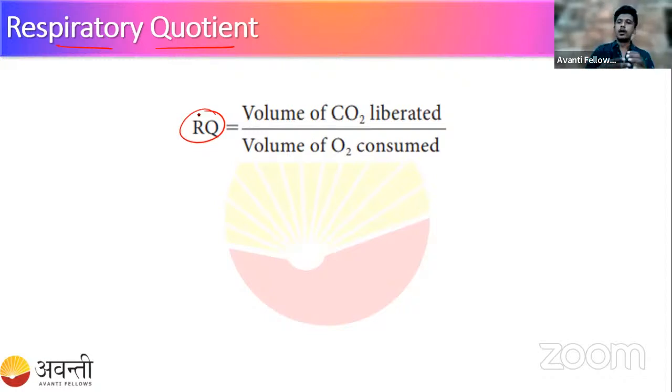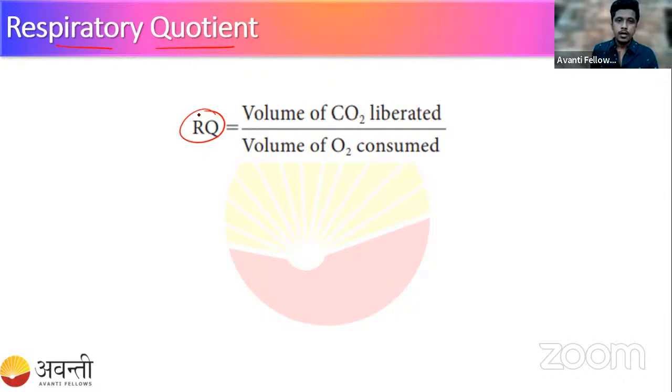For example, as I told you, in glucose there is complete breakdown. Whereas if you take fats and proteins, it does not give rise to complete breakdown of your respiratory substrate. So that is why respiratory quotient is an equation that gives us an idea about how the respiratory substrates get utilized. To calculate this, we know that in the process of respiration, oxygen is consumed and carbon dioxide is liberated, so we can divide based on the volumes.